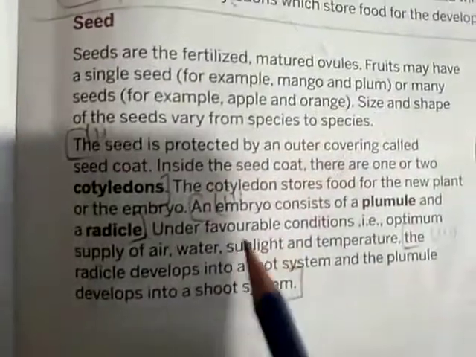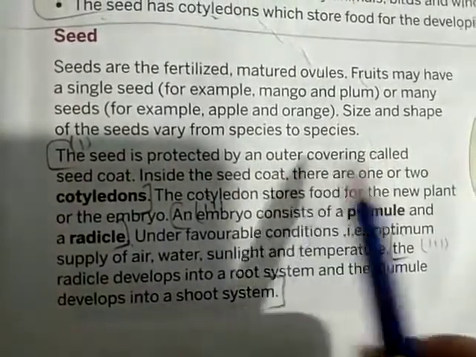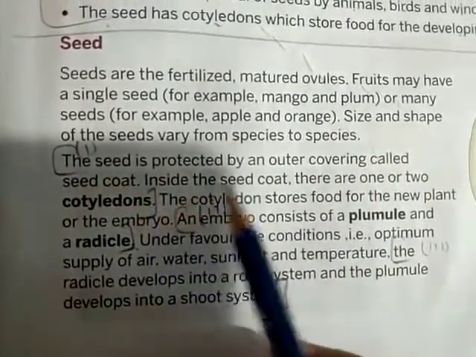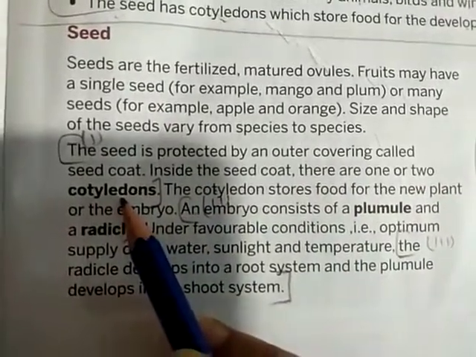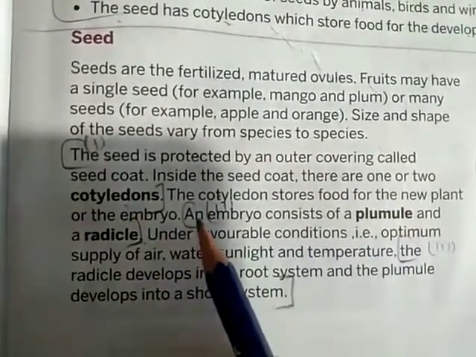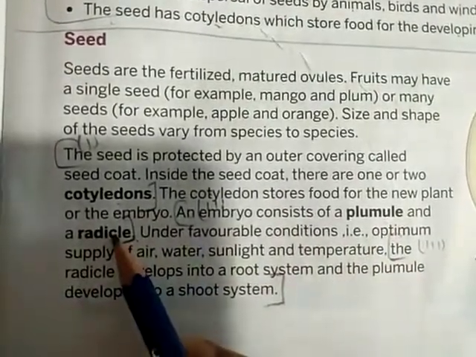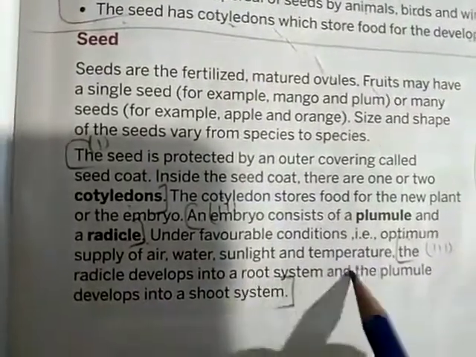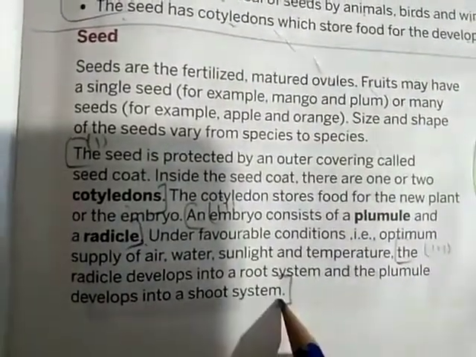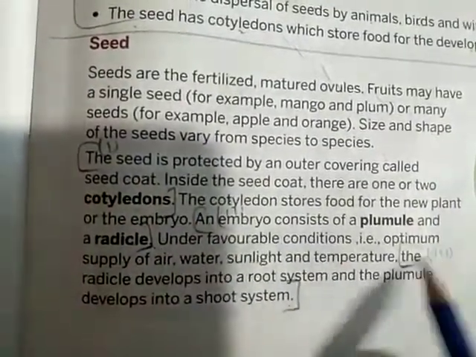The explanation part. Point number 1. The seed is protected by an outer covering called seed coat. Inside the seed coat there are 1 or 2 cotyledons. Point number 2. The embryo consists of a plumule and the radicle. The radicle develops into a root system and the plumule develops into a shoot system.